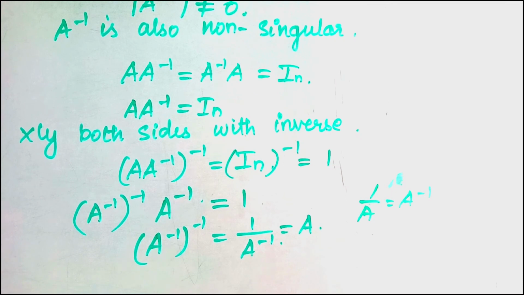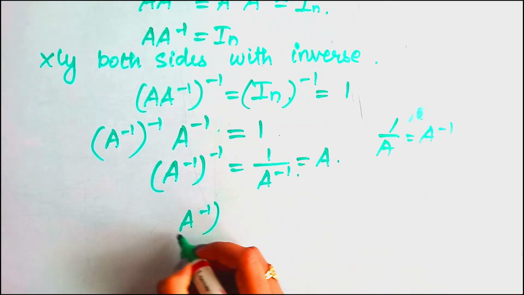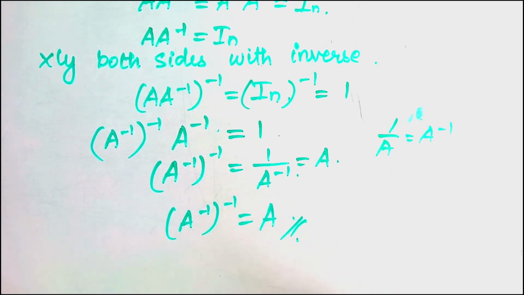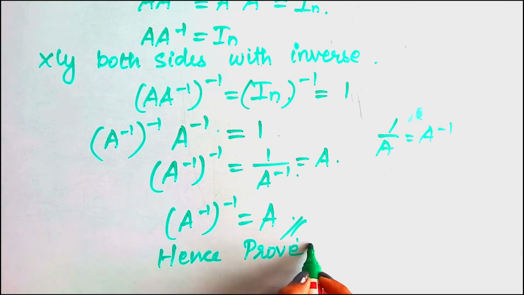So our answer will be A inverse, the whole inverse, is equal to A. So this is what we have to prove in this theorem, the law of double inverse. So A, the double inverse, is equal to A. Okay, so therefore you can write it as hence proved.